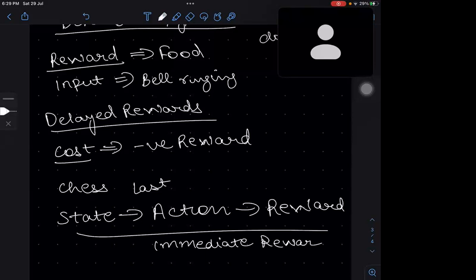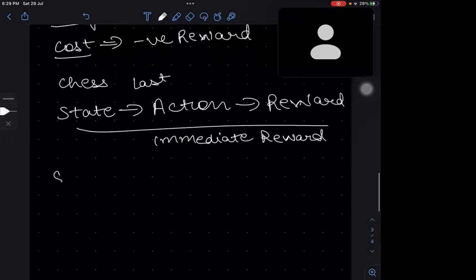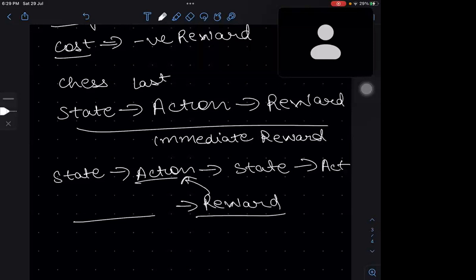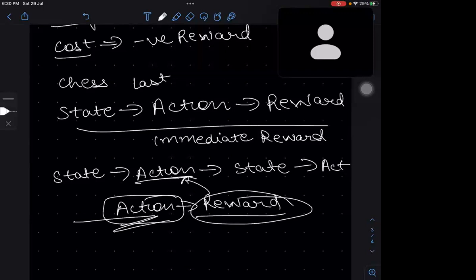If after this action, we are going to another state and then taking another action, and this process is going on, and then you are getting the reward because of this particular action, not because of the last action, because of the action which you have taken 2-3 steps before, that is basically a delayed reward.